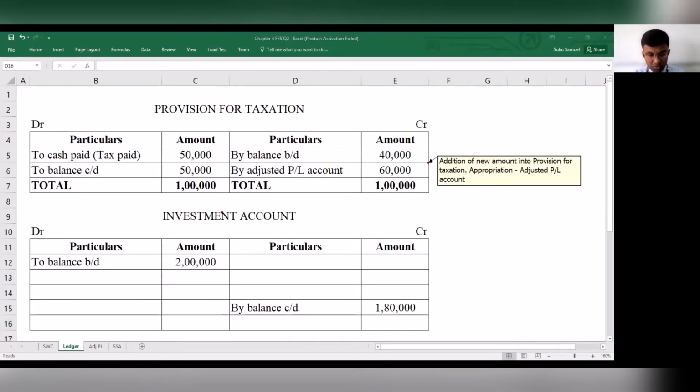Now, what has been told to us is that you have sold some of your investment, and on the investment that you have sold, you have made a profit.